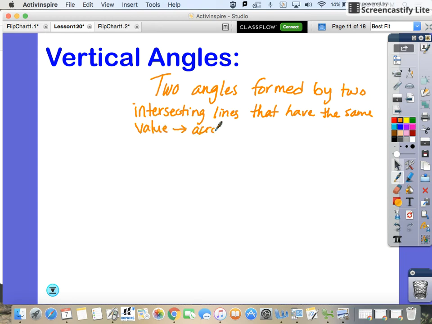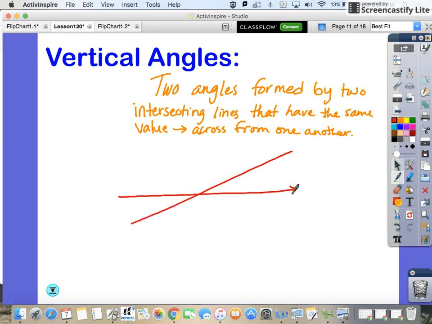They're across from one another. I'll show you what I mean. So it said two intersecting lines. So if I draw this line and I don't know, this line, lines have arrows. So these two lines cross.